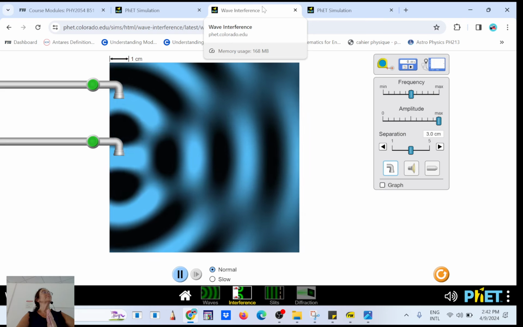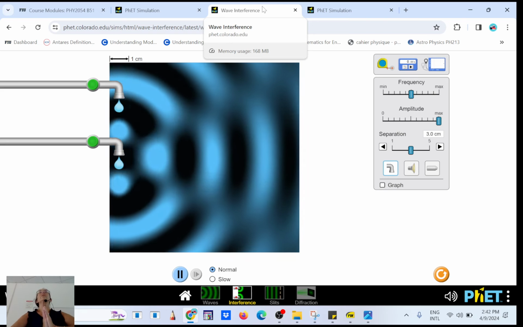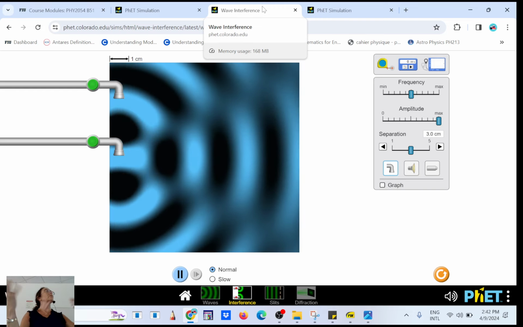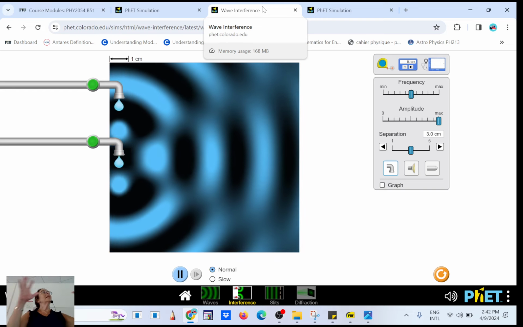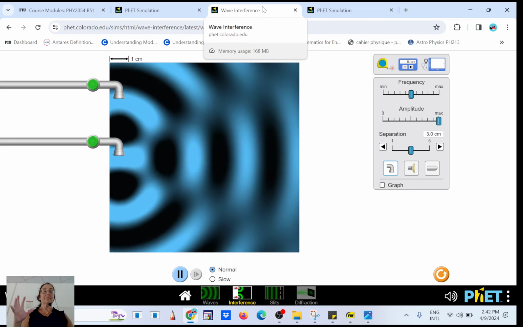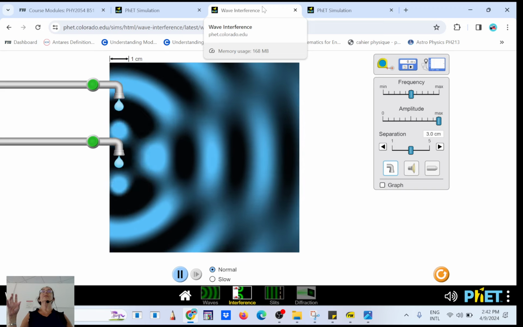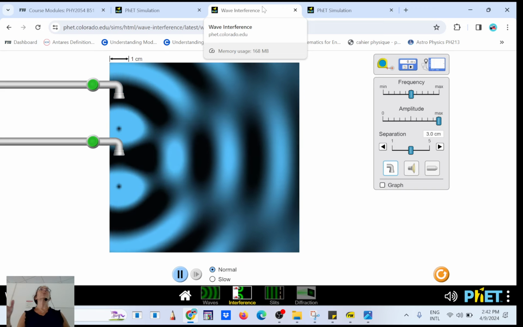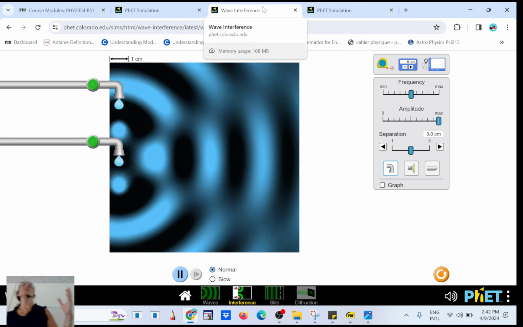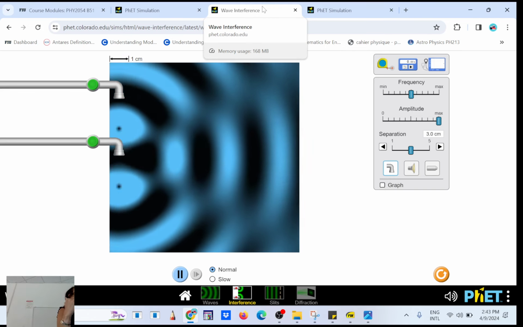Isn't that beautiful? So if you're listening to music, for example, in a cheap concert, where the sound is not very well organized, you're going to have blind spots, right? You move a little bit, the sound is very, very high, and then you move this way, you don't hear anything.